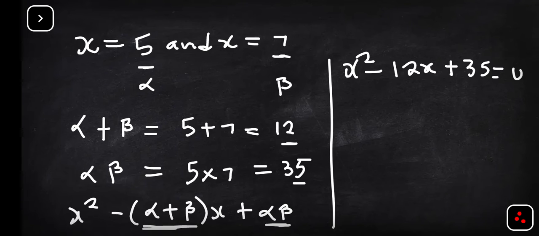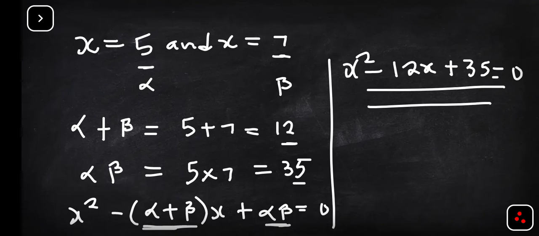And this will be equal to 0. And this is the answer to the question. So all you need to do is just get the sum and product of roots. So this is how you solve problems on finding the quadratic equation with given roots.